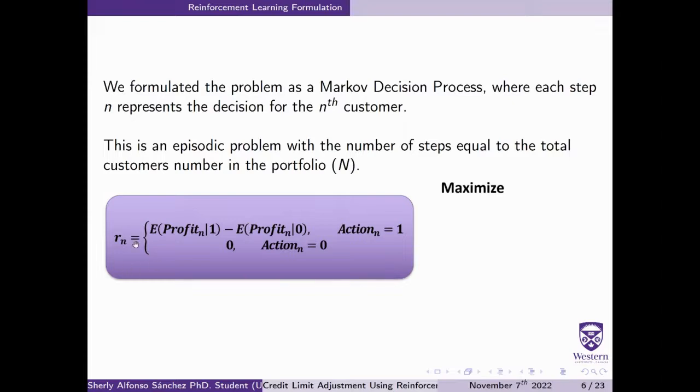We define the reward in step n as the advantage given by the action to increase in comparison with the action to maintain if the action is increase, or 0 if the action is maintain. And we aim to maximize the total expected future reward, where gamma is the discount factor, for all the customers in our portfolio.